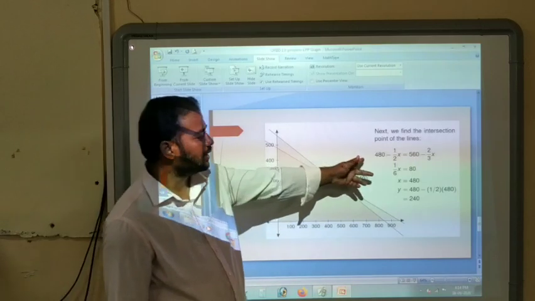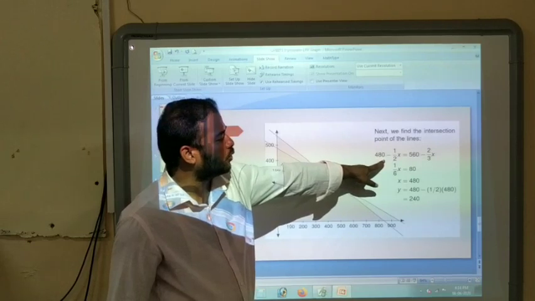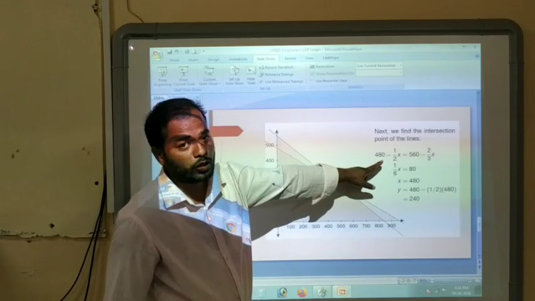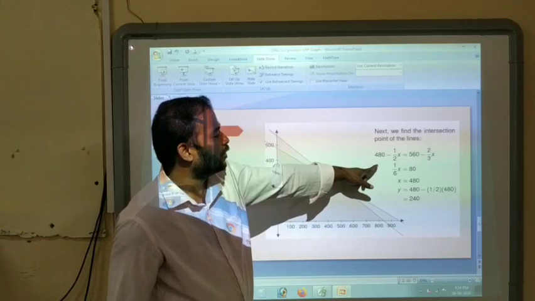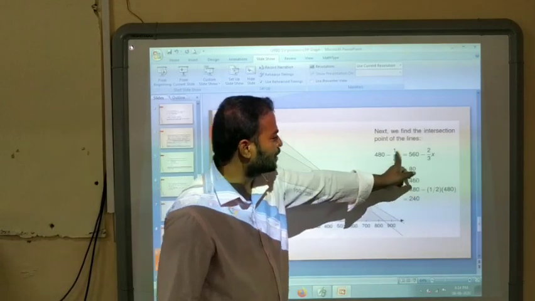For that, we are using the same values in the equations. 480 minus 1 divided by 2x is equal to 560 minus 2 divided by 3x. We got 1.6x, 1 divided by 6x is equal to 80. We need to do cross multiplication of this.